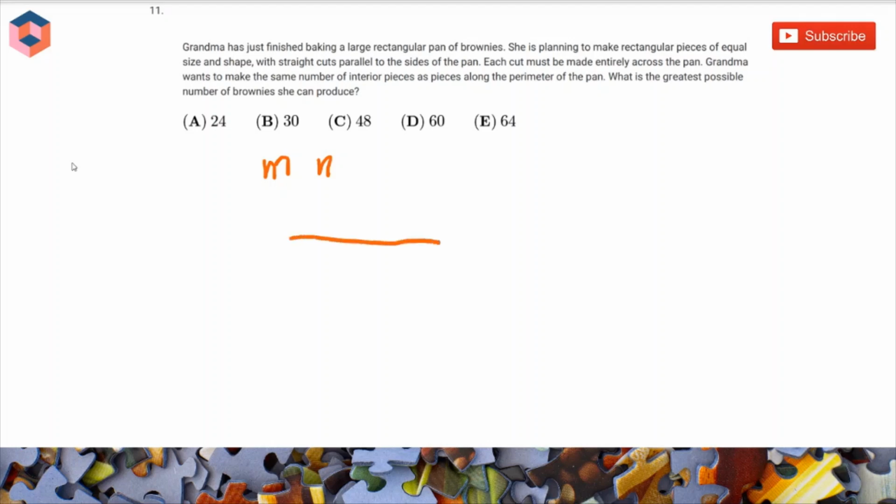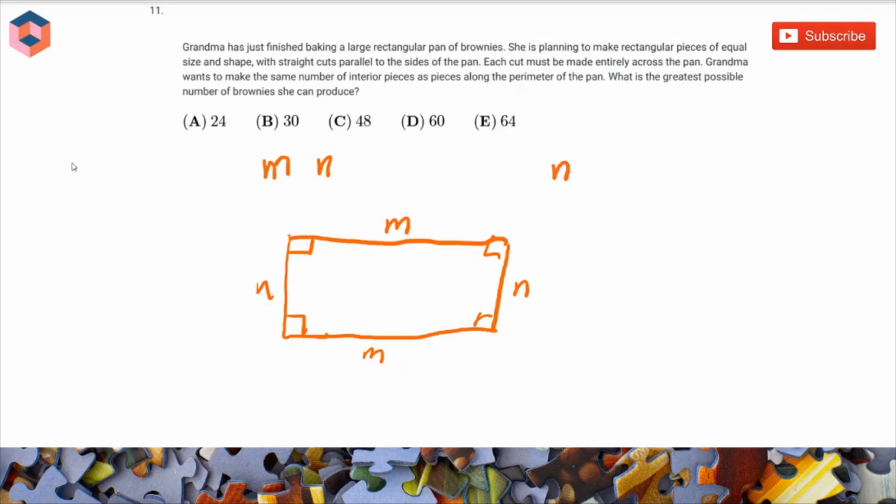So we would have m brownies, n brownies, m brownies, and n brownies. But this is counting each of these 4 corner brownies twice. Once when we're counting this m value, and once when we're counting the other n value. That would be counting these brownies twice.